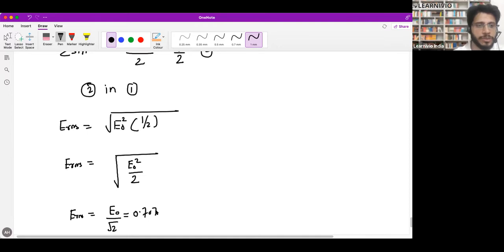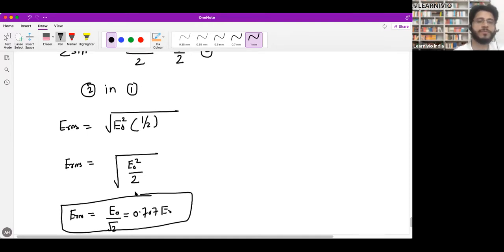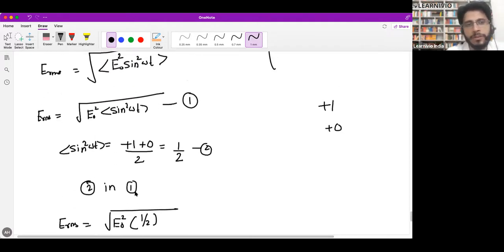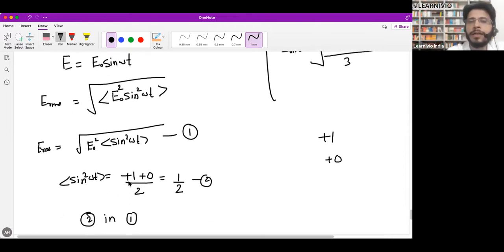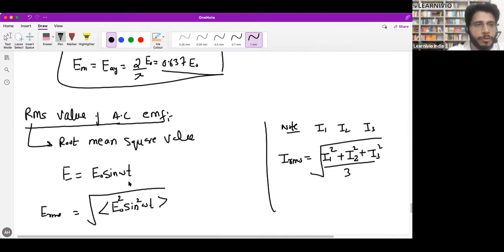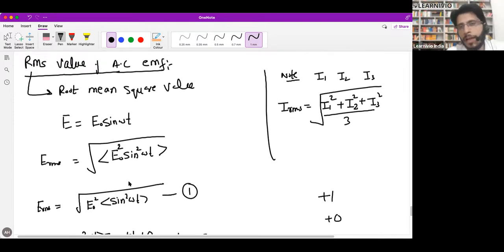So this is the RMS value of E. This is how we calculate RMS value. There's one more method through integration, but this is an easier one. Take E naught square outside and just calculate the average of sine square. Average is maximum value plus minimum value divided by 2. That's it. Note it down. In the same way, we'll calculate all these values for current also.